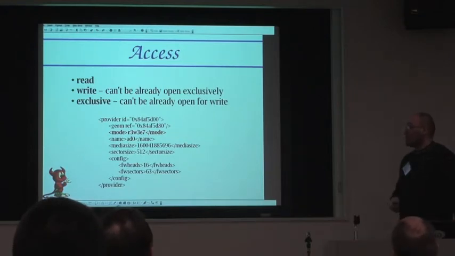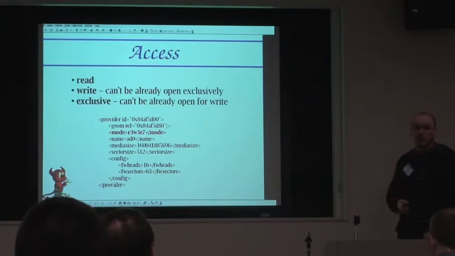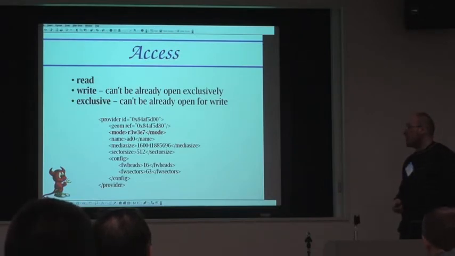So basically, when we open a provider for write, we also mark it exclusive, so we know that nobody will open it for write and, I don't know, mess up our data. Before GEOM, it was possible to, for example, have a file system mounted and just overwrite the data with the dd utility or something like that. It's not possible with GEOM if you don't use any hacks.